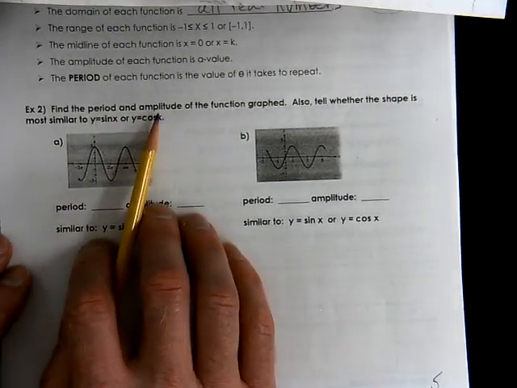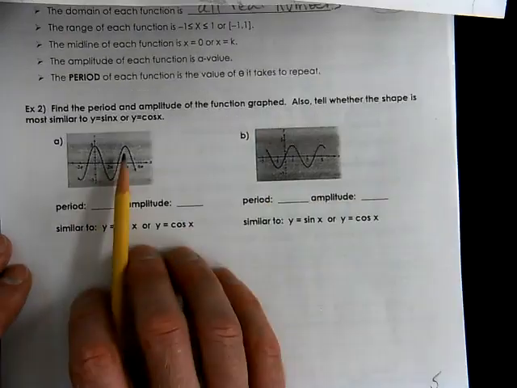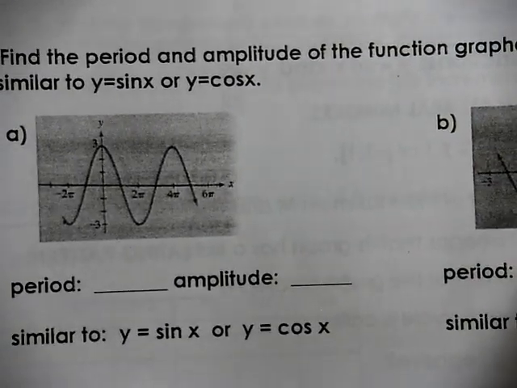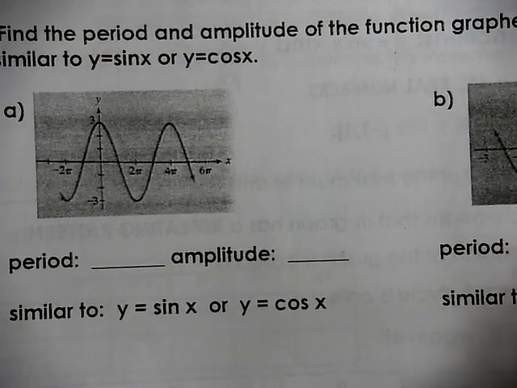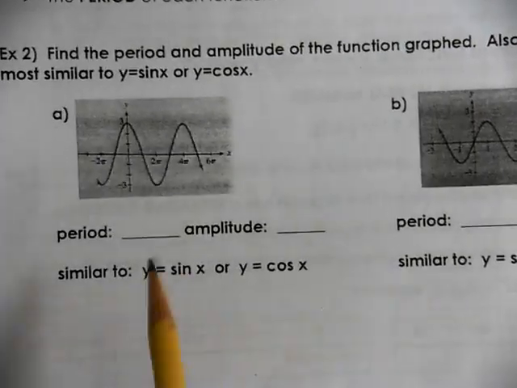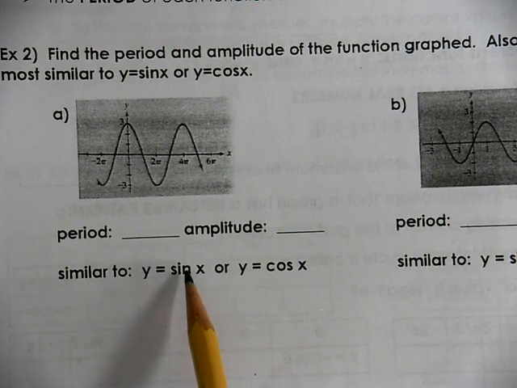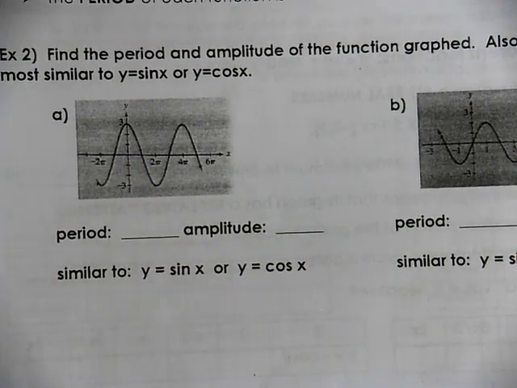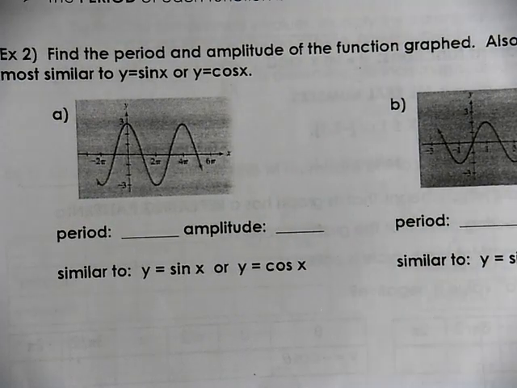Find the period and the amplitude of our function. Here's the function that we're working with now. First of all, do you think this is similar to the sine graph, or do you think this is similar to the cosine graph? Take a look at them.